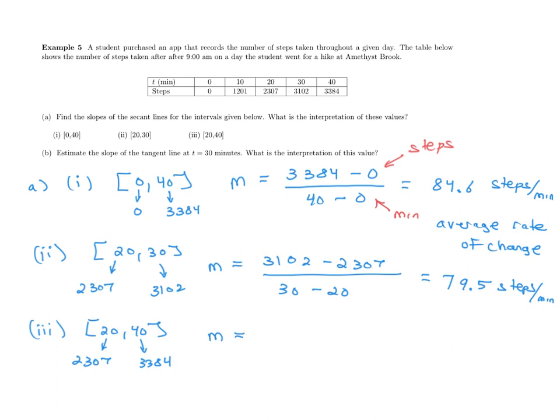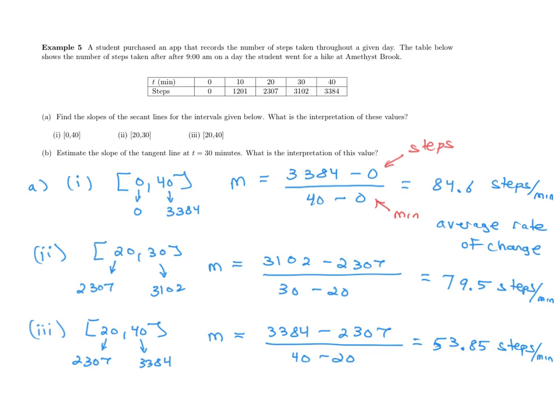The slope will be 3,384 minus 2,307 all over 40 minus 20. And here we have 53.85 steps per minute.